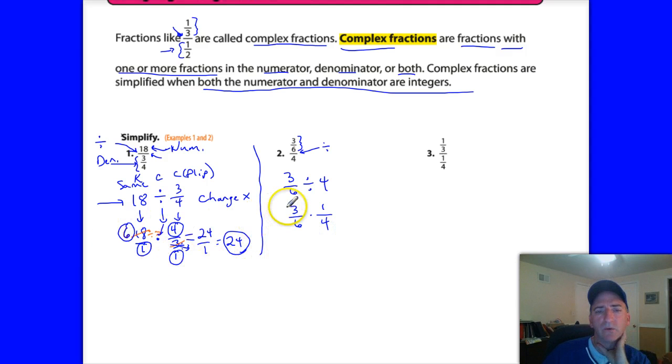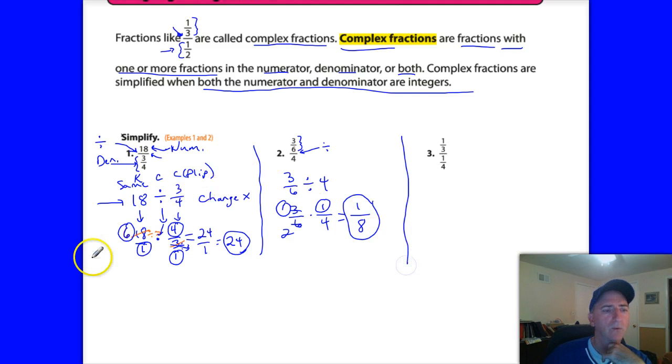This is a really interesting one because 3 and 6 have a common factor of 3. We can reduce 3/6 to 1/2. That's okay to do, anything in the top with anything in the bottom. Now multiply across. 1 times 1 is 1. 2 times 4 is 8. That's equal to 1/8.